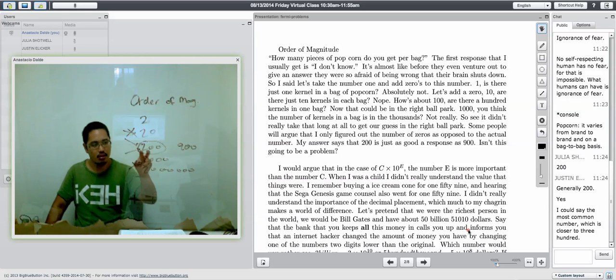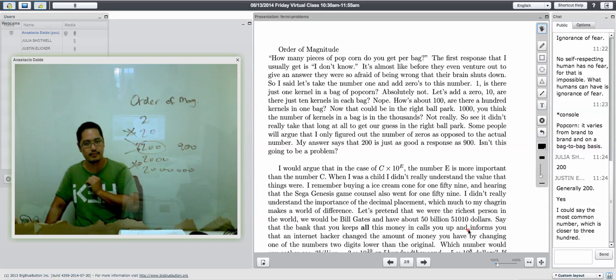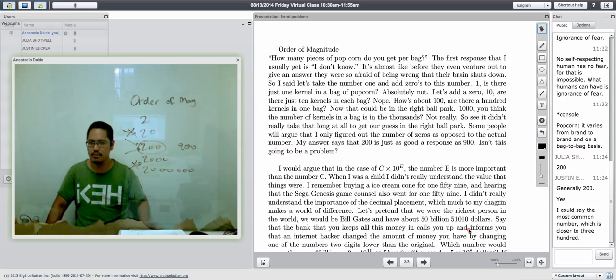The fact that there are 2 zeros and not 3 zeros, or 4 zeros, or 5 zeros. So really, with Fermi questions, we almost don't care about the number in front. We care about how many zeros are trailing. Because I would say that's a much more important number.